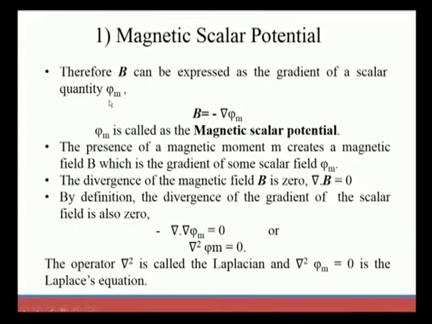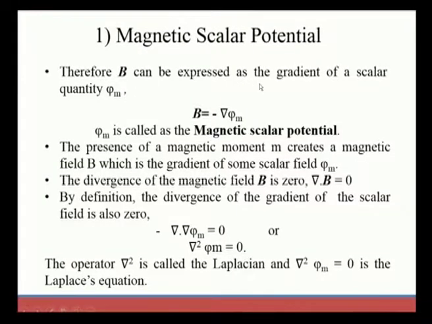So phi is a scalar quantity. Whenever a cross is mentioned between quantities, it represents the cross product, which always gives a vector quantity. The magnetic field is a vector quantity, but we need to convert it into a scalar by representing it with a magnetic scalar potential, phi m.